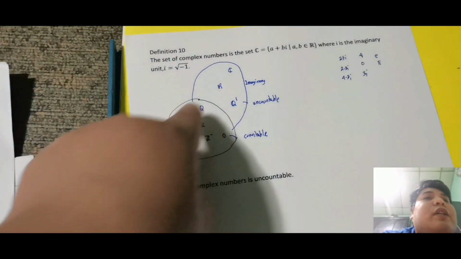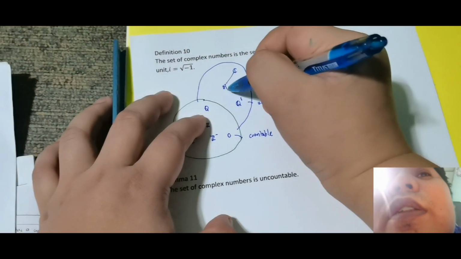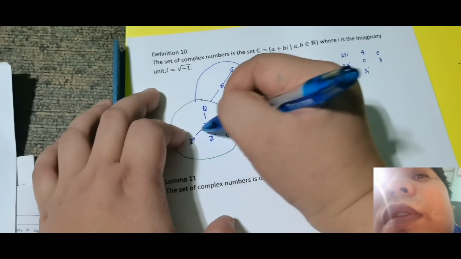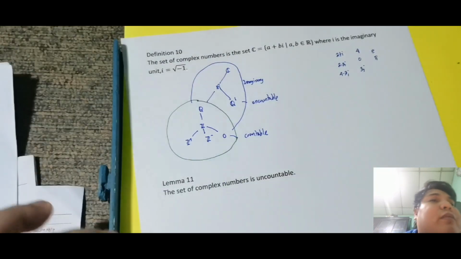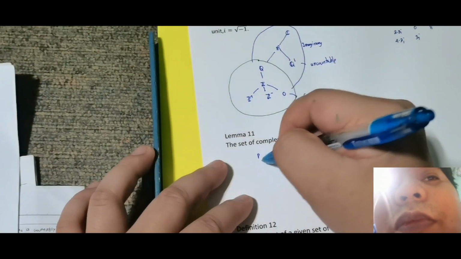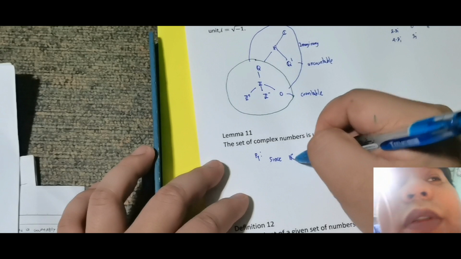Okay, so imagine ko lang ha, si Q, lagay ko lang yan. So, countable to mga part na to, ito yung uncountable. Okay, so pag sinabi the set of complex numbers uncountable, this is true since proof R.